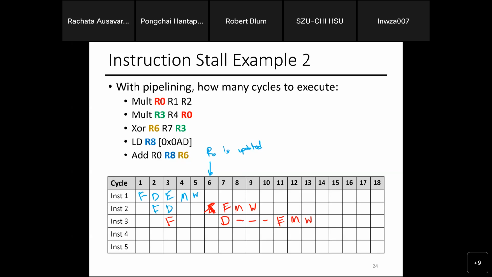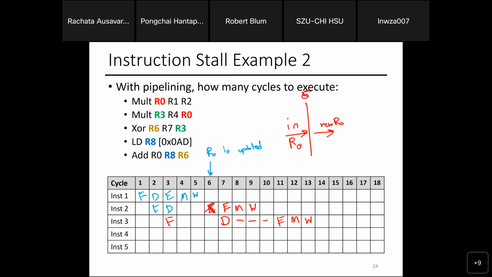Over here, at cycle number 5, the vertical line is the pipeline register. It's the input, R0. This is the new R0. The problem is, at cycle number 5, do I have R0? That's still the old one, right? I have to wait until write back is done for R0 to be updated. So you have to do it in cycle number 6.